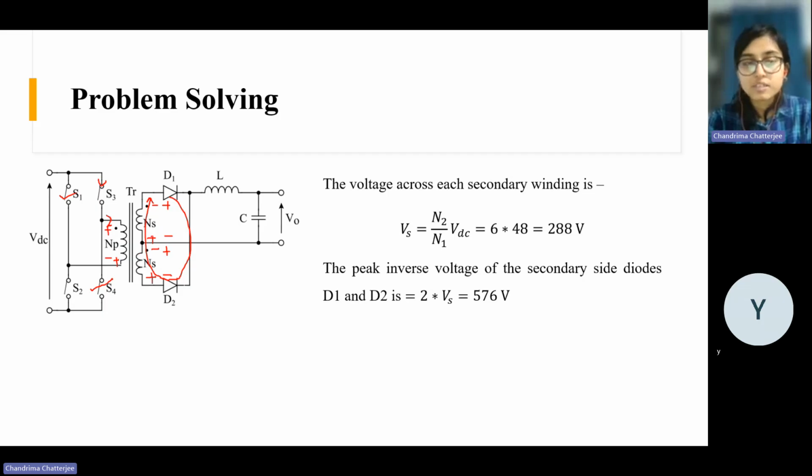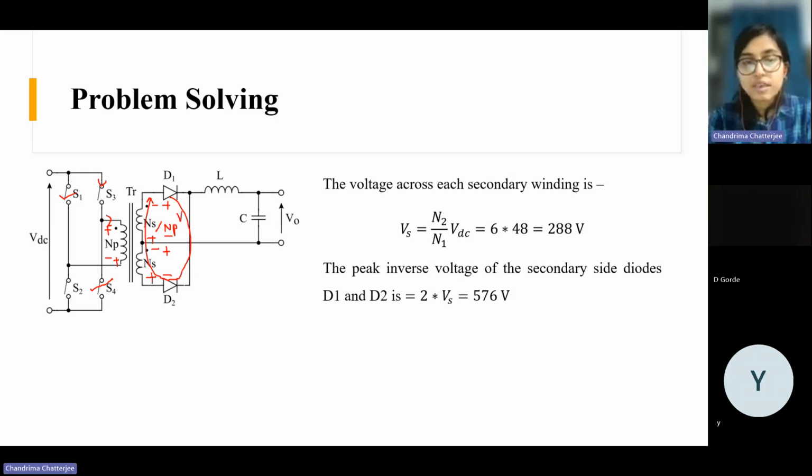Here also it will be NS by NP times VDC, and in the bottom winding also it will be the same. So the peak inverse voltage will be 2 Vs, which is 576 volt here.